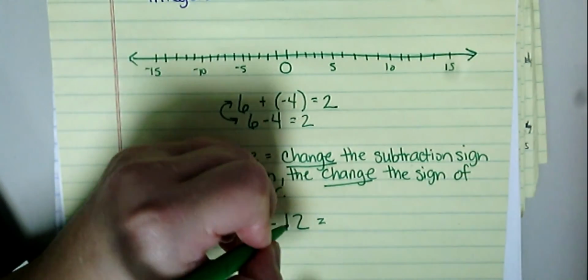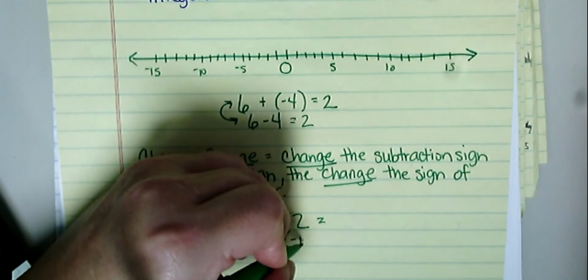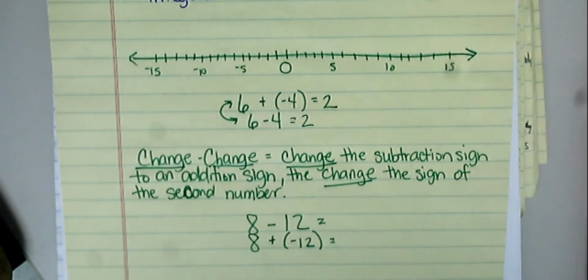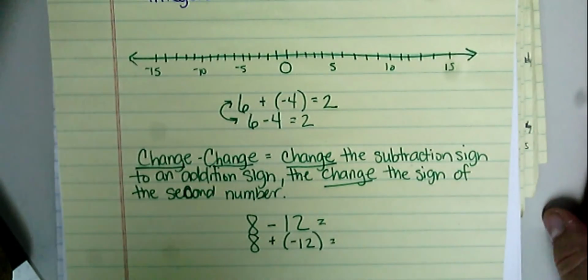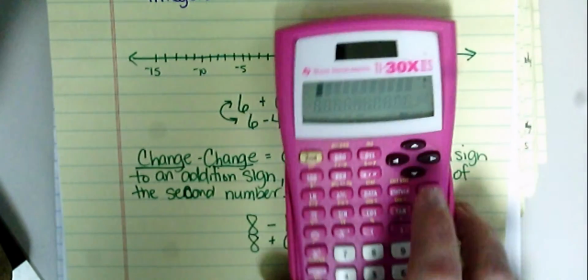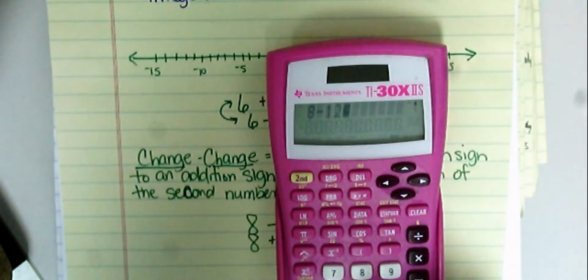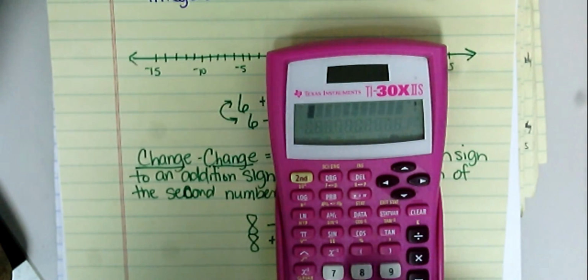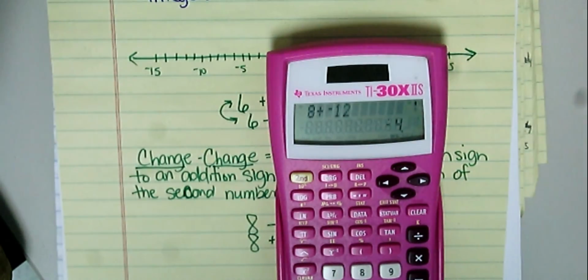And I change this positive 12 to a negative 12. 8 plus negative 12. It means the same thing, okay? So let's check it. 8 minus 12 is going to be negative 4. 8 plus negative 12 is also going to be negative 4.